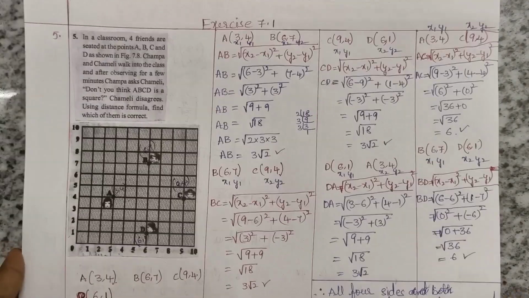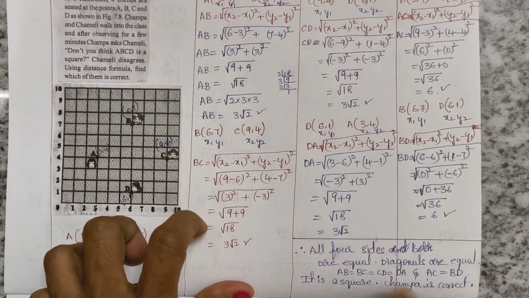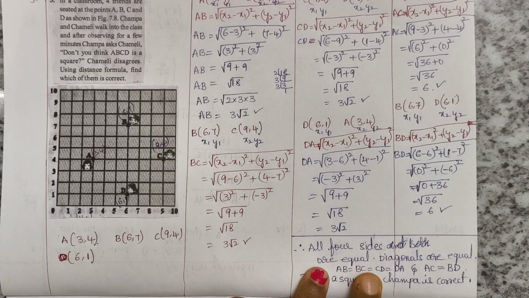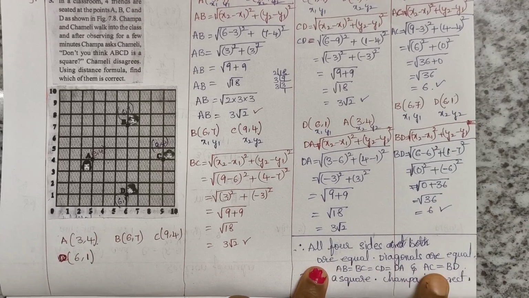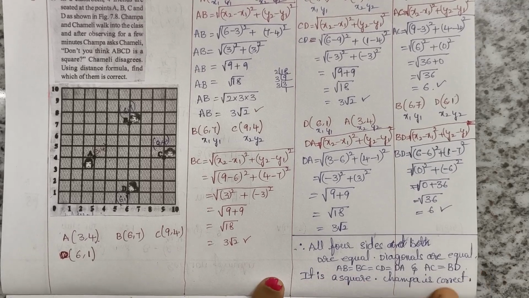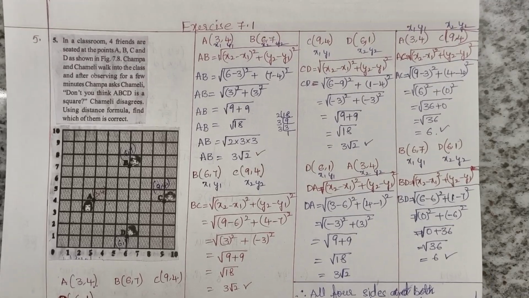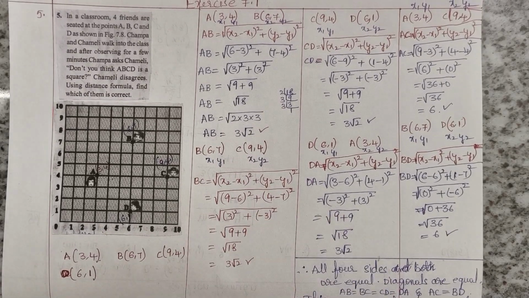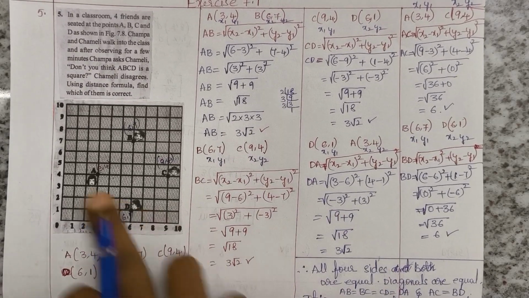Here write a sentence; the fair notes I have also given. All the sides are equal, the diagonals are equal. The sides are AB, BC, CD, DA, and the diagonals AC equal to BD. It is a square. Who is correct? Champa is correct. This is the fair notes, use this one. So this is a very easy sum. We have to find whether it is a square or not.